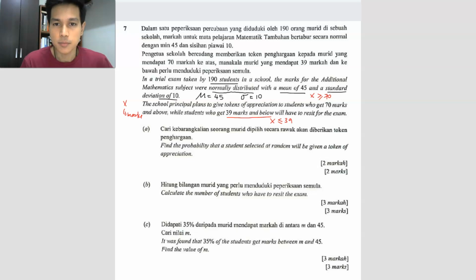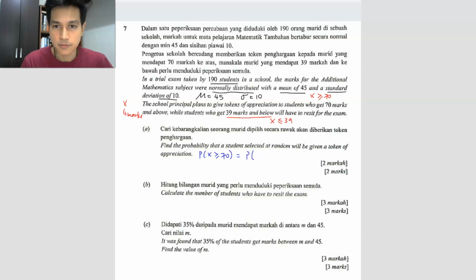Question A, find the probability that a student selected at random will be given a token of appreciation. So if you are given appreciation, you are looking for the probability of x more than or equal to 70. You can just use the normal distribution method.